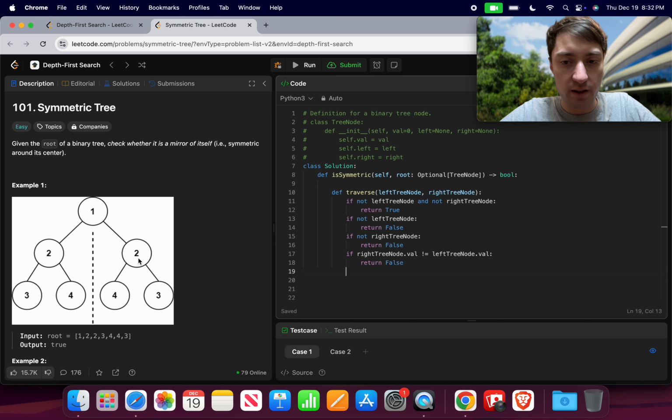So I'm here and here. The left tree node is this one, and the right tree node is this one. So I want to traverse. Okay, so left tree node dot right, left tree node dot right, and then on this one, this is right tree node, and I want the left child, dot left. Okay.